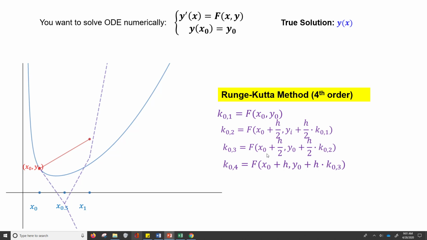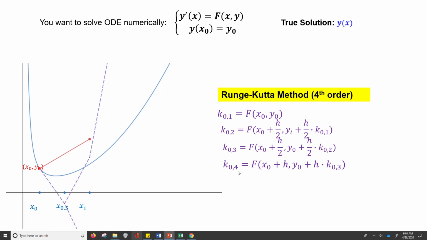The third slope is f evaluated still at x sub naught plus h divided by 2, but the Euler's method estimate of y is now done with, instead of the first slope, the second slope.